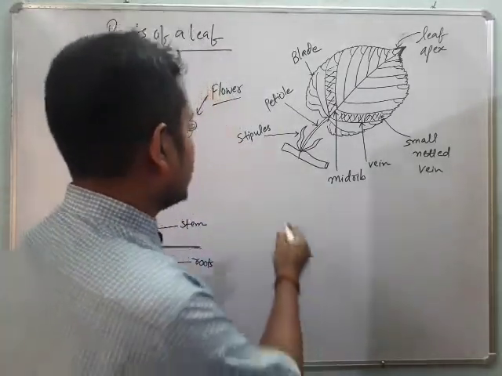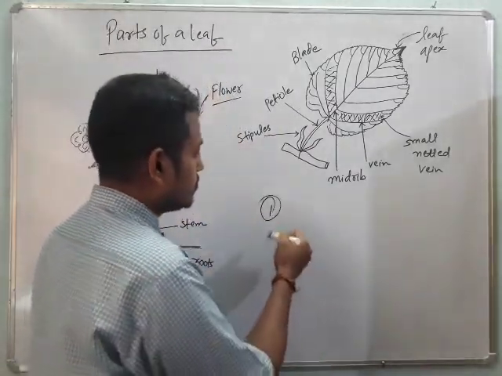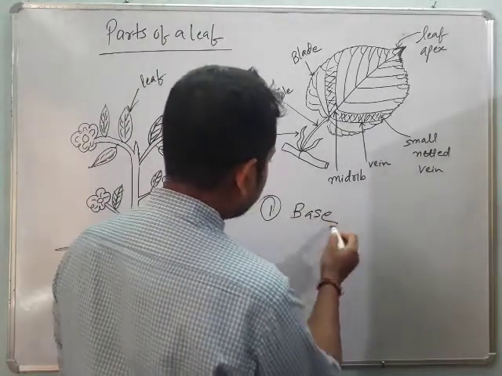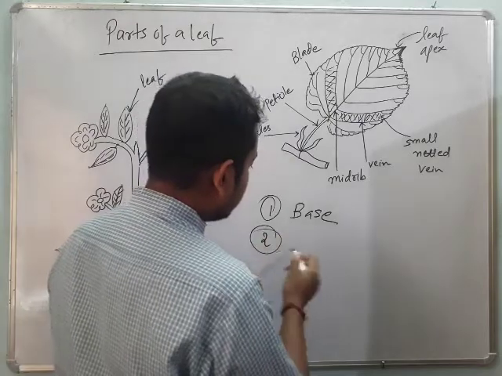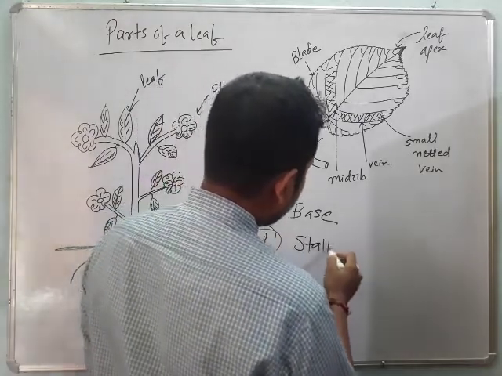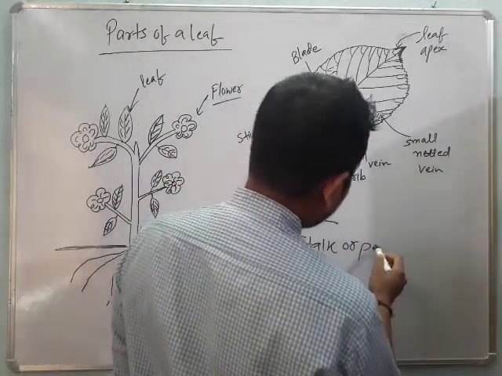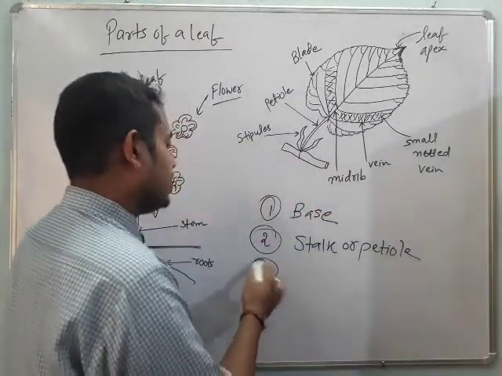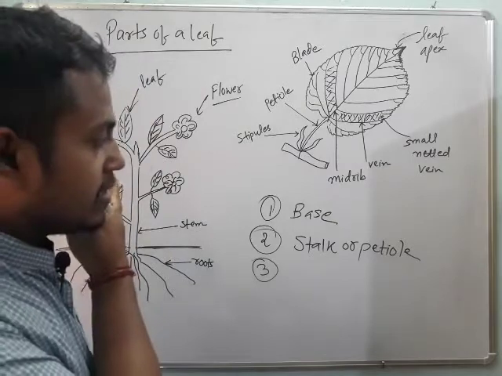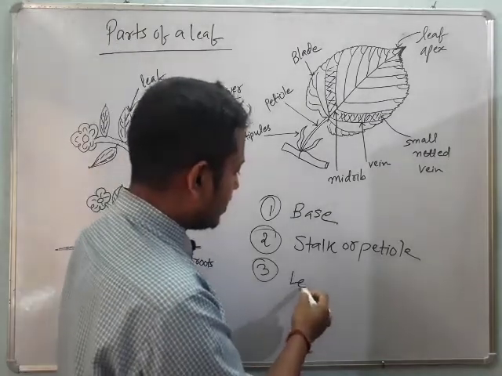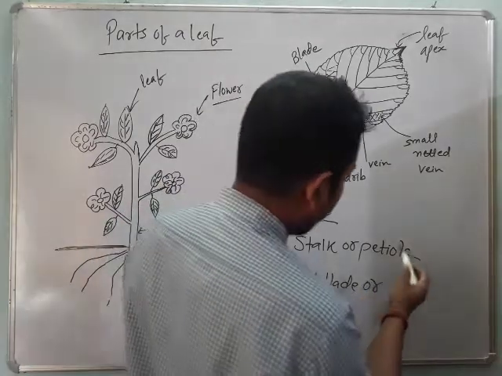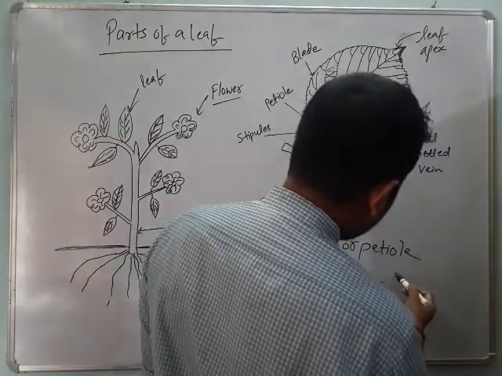The first one is the base, the second one is the stalk, or in other words you can say petiole, and the third one we call the leaf blade or lamina.